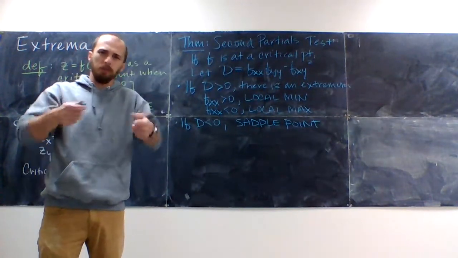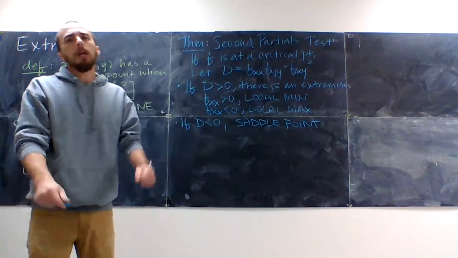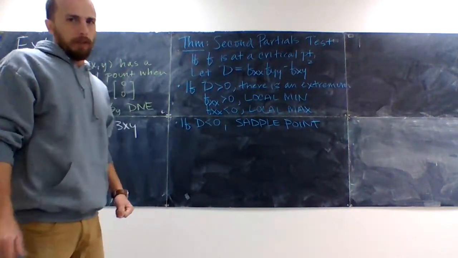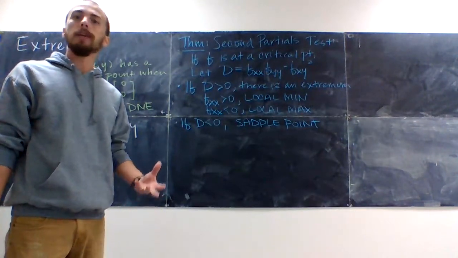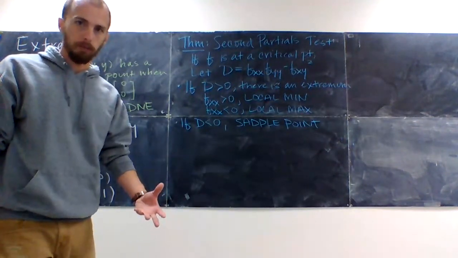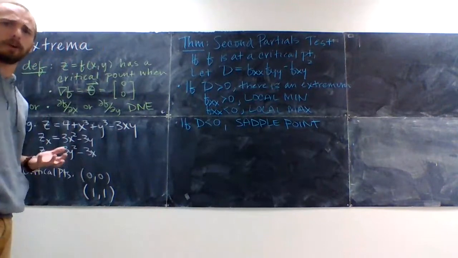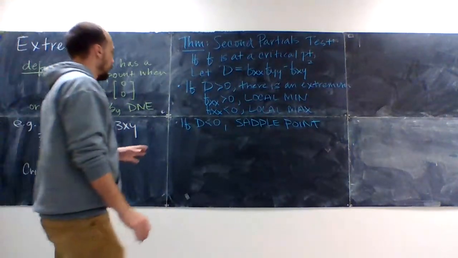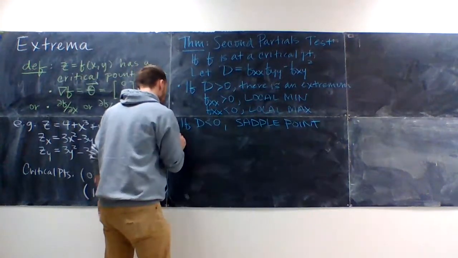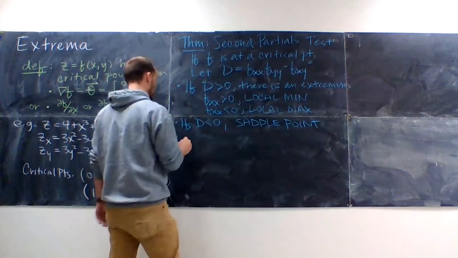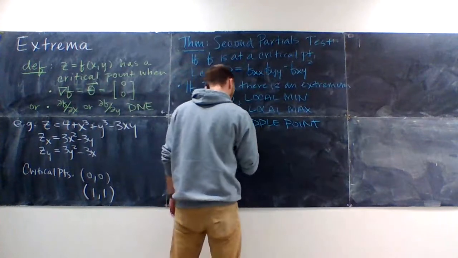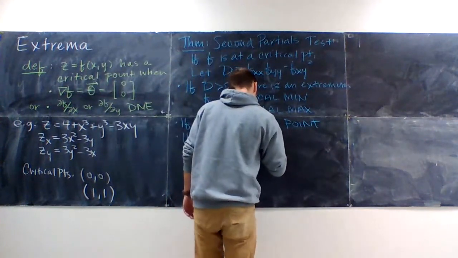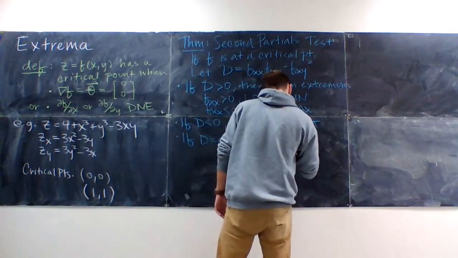It's kind of like a parabola, except it's a little wider at the bottom. It definitely has a 0 second derivative at the origin, yet it also has a relative minimum. So a 0 second derivative doesn't necessarily mean that we can't have an extremum, but it is inconclusive in terms of the second derivative test. So if D is equal to 0, inconclusive.